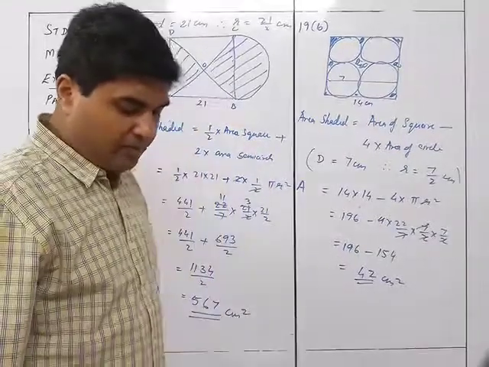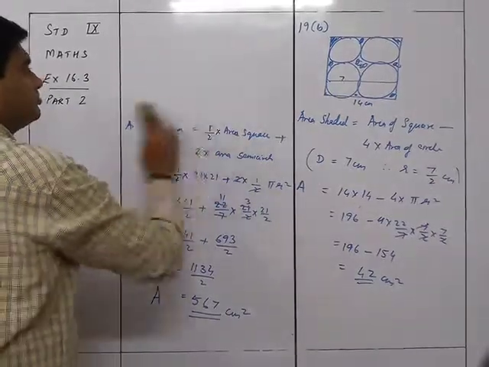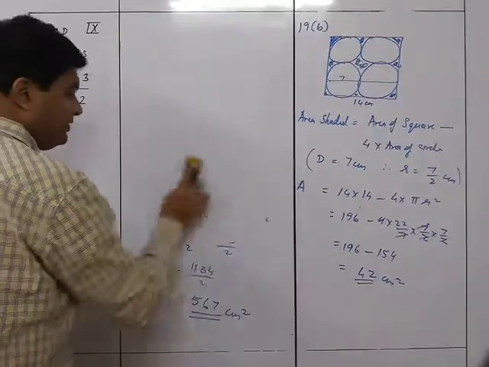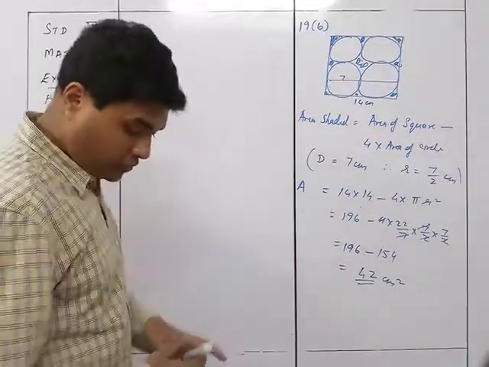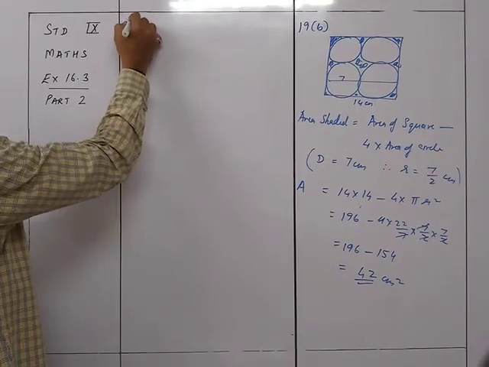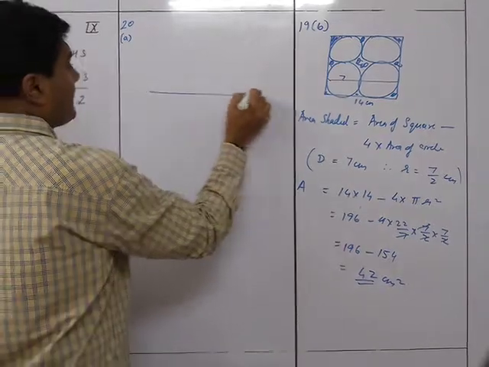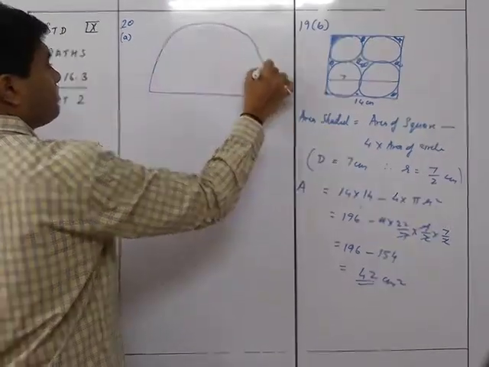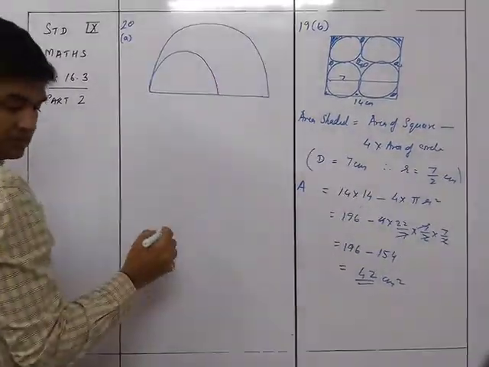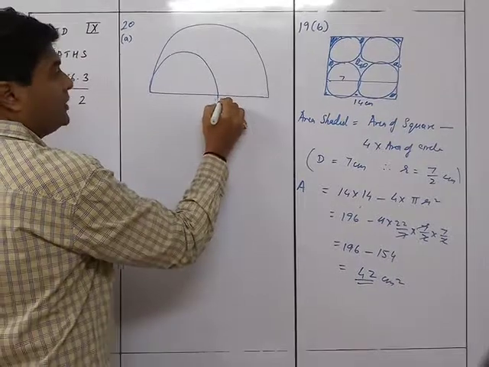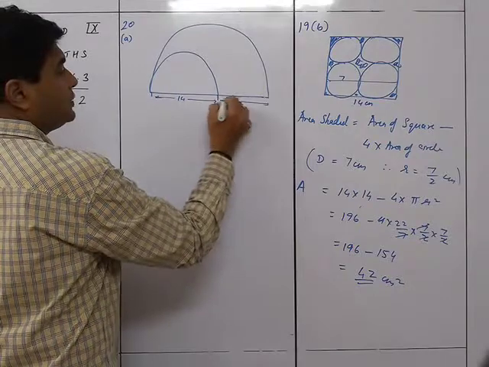We now move on to sum number 20a. They have given us a figure, so let's draw that. There is a semicircle and there is another semicircle like this, such that the distance from here to here is 14 and this is also 14.